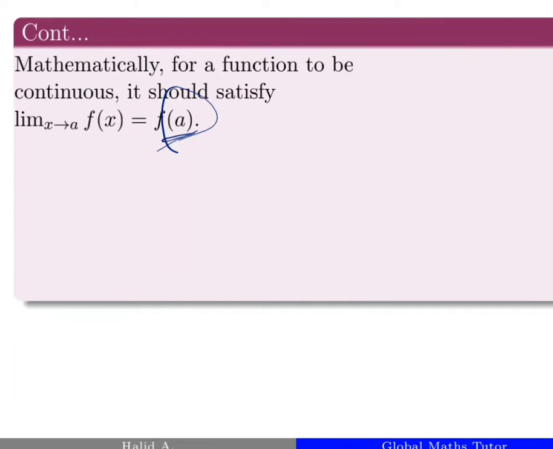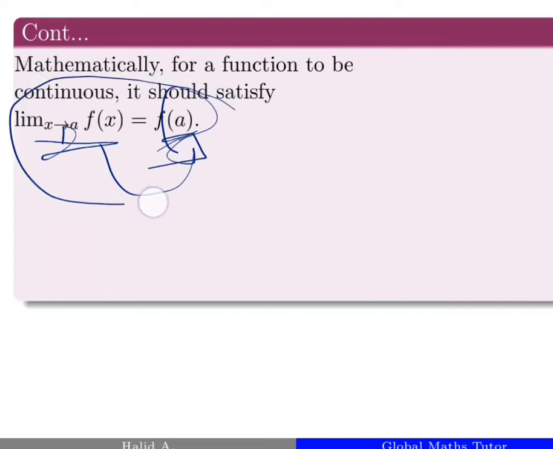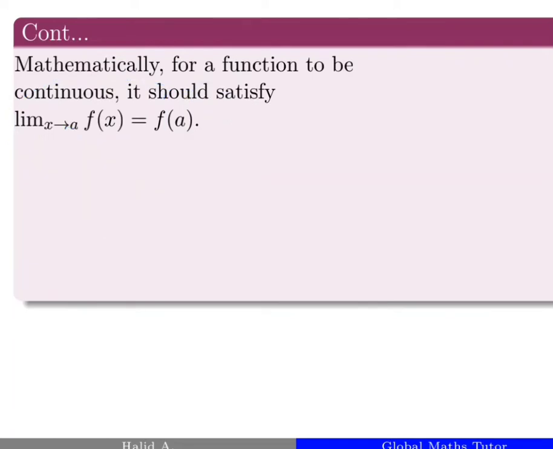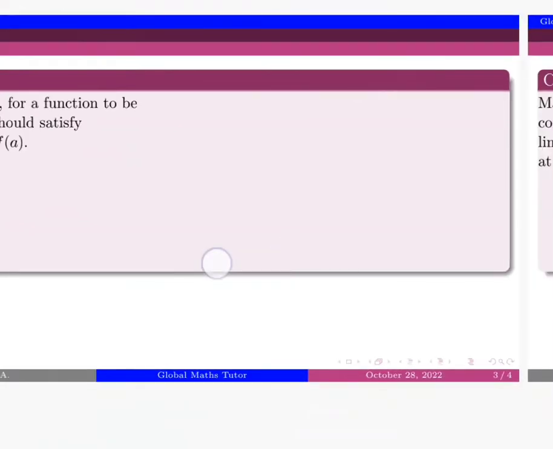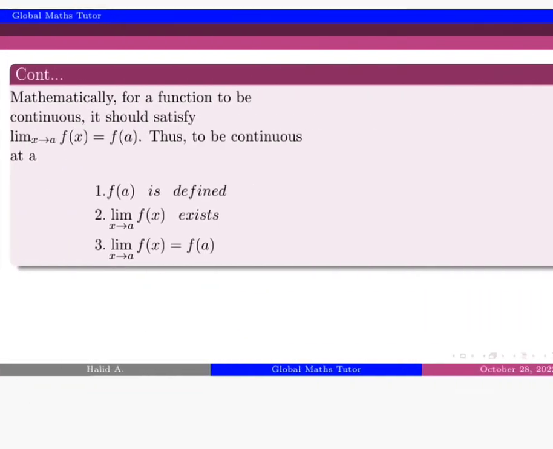The second is that this limit must exist and it should be equal to the function defined at a. If it satisfies these conditions, then we call it a continuous function. So f of a must be defined, the limit must exist, and the value of f of a and this limit must be equal.